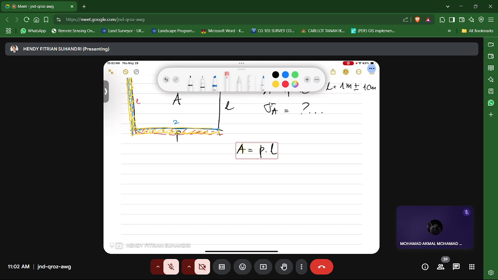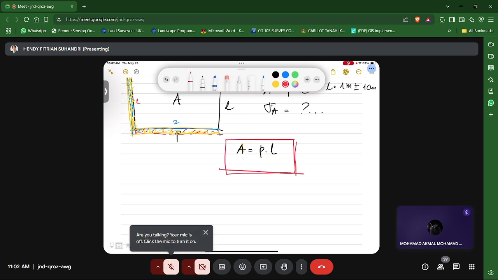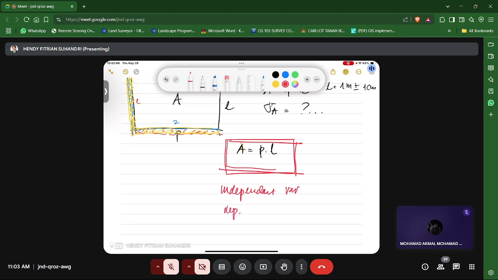Okay, before linear and nonlinear, what are the independent variables in this equation? L. This equation that I put in the red box. What are the independent variables and dependent variables?